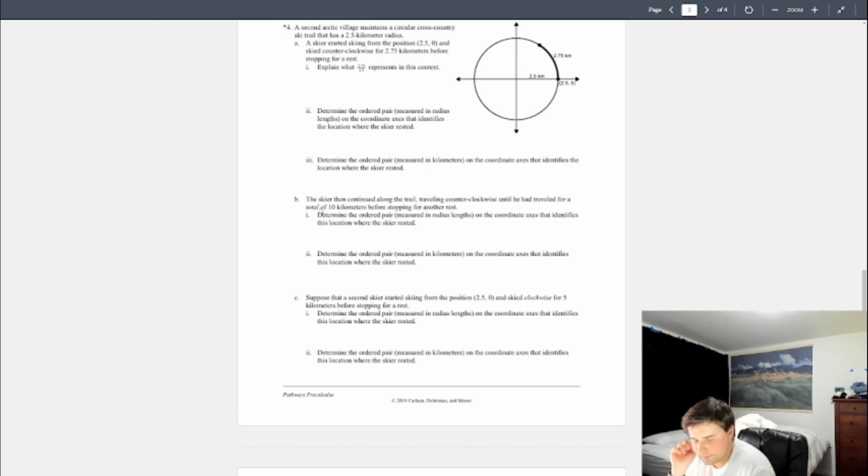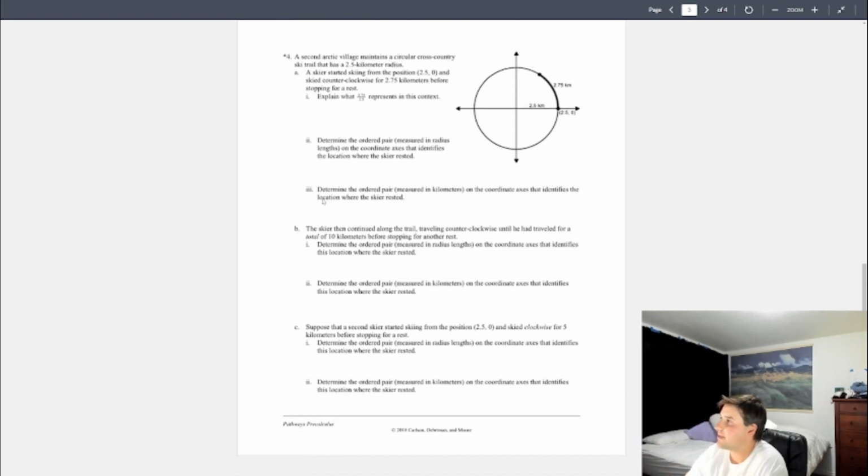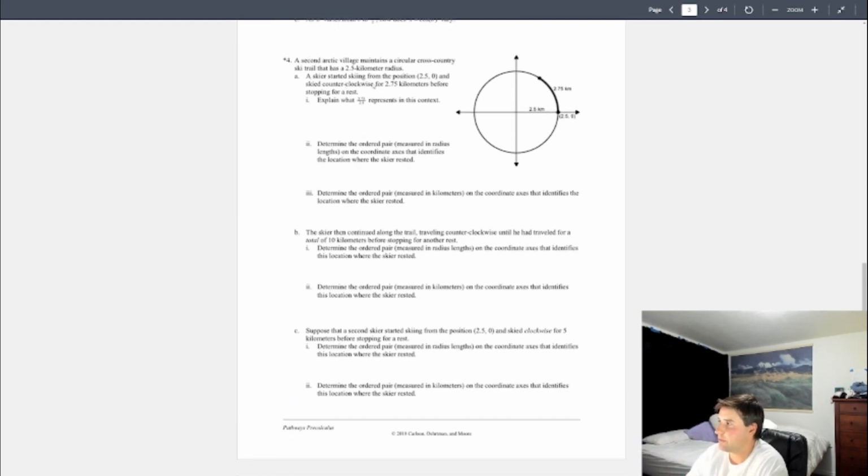I don't know, when they emphasize total, if they're saying from the beginning of question 4a, when he started at 2.5, 0, which is angle 0, he then went 10 kilometers in total?